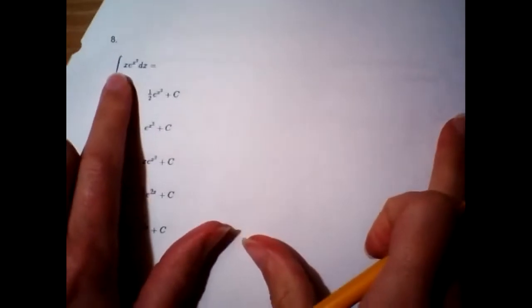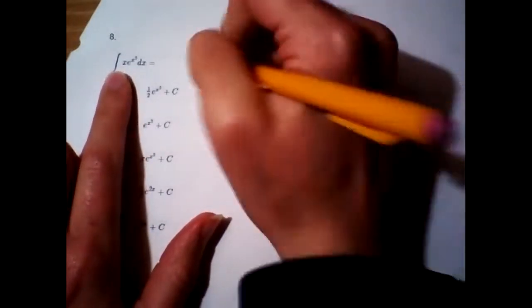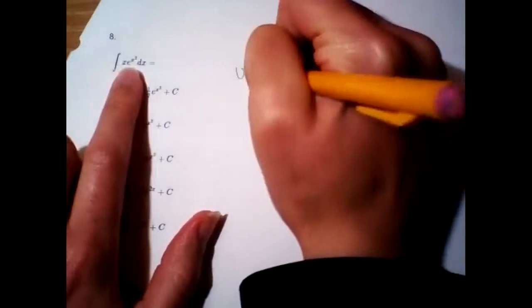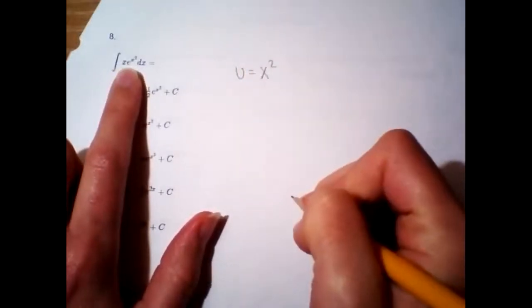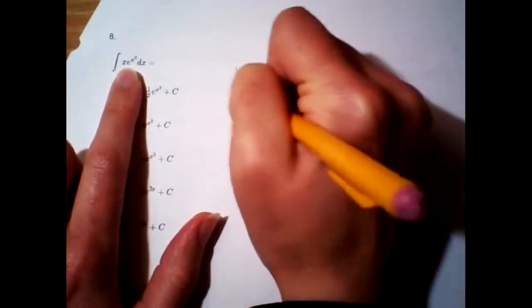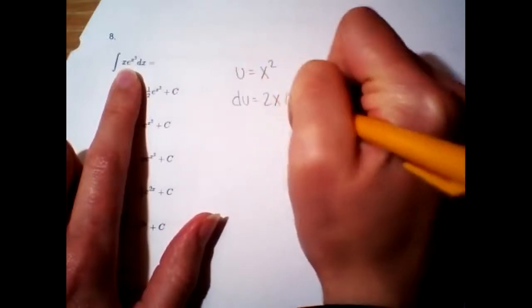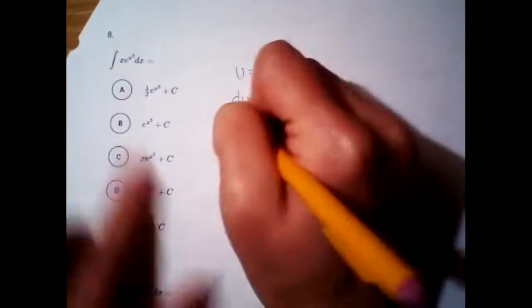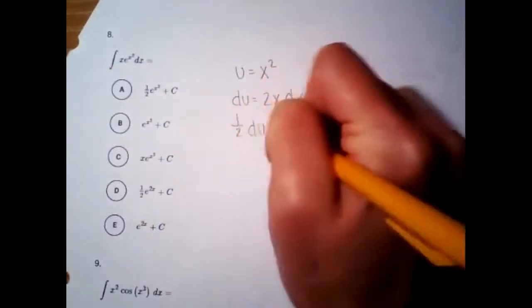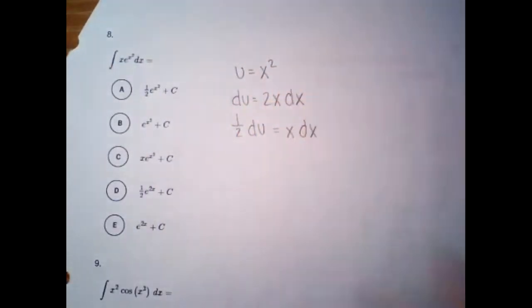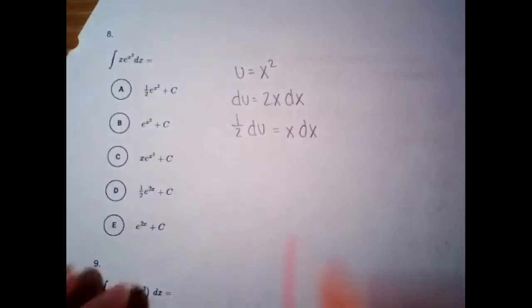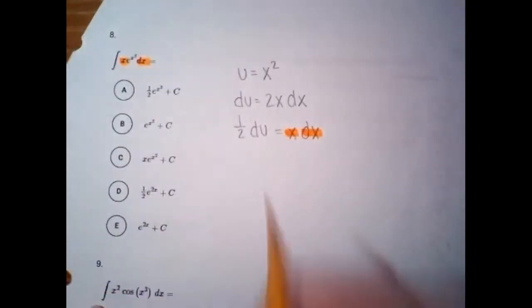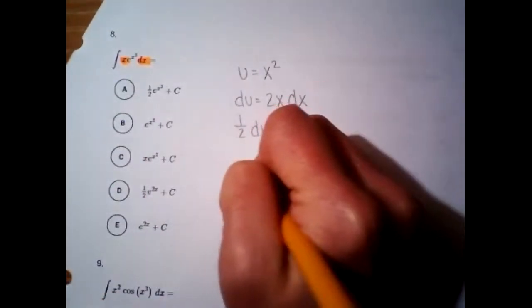All right, this is just going to be a basic u substitution. We're going to let u equal x squared. So that derivative would be 2x dx. And I don't have a 2 in the problem, so I'm going to do 1/2 of that. So in place of the x dx, I'm going to put 1/2 du.